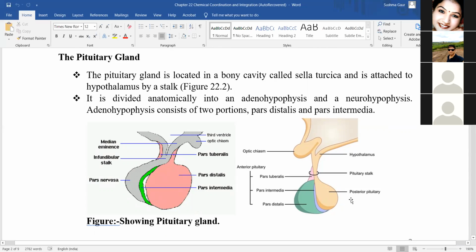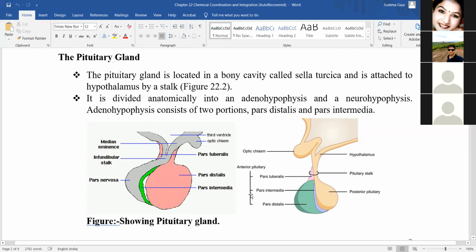This middle green region, or here this blue region, is known as pars intermedia, and this blue portion is known as pars nervosa. Okay. And pars distalis, pars intermedia, and pars tubularis, where is this? This tubular like structure is known as pars tubularis.